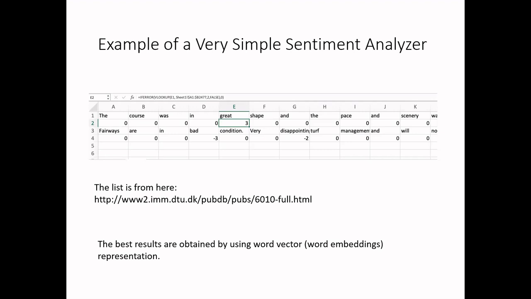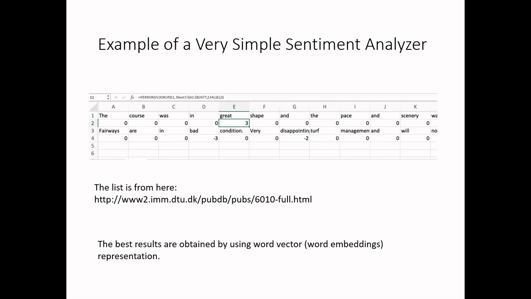If you look at this example here, in the first row we have "the course was in great shape" and so on and so forth. That is after the text to columns conversion. Then in the second row, below every cell, you are seeing a number. For the first 4 words, the number is 0 because those words are neither positive nor negative.